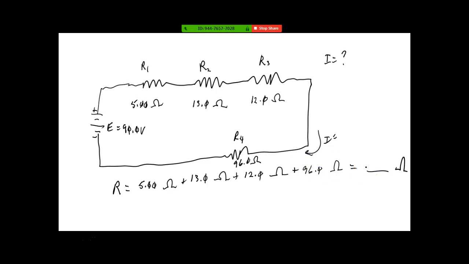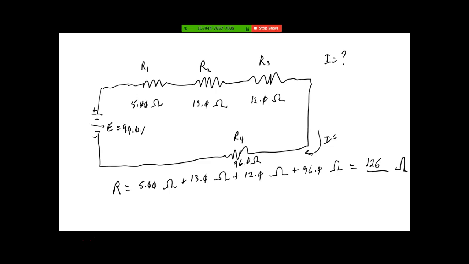What does that add to? There's an easy way. 12 and 13 are 25. Add 5 to that, you get 30. Add that to 96, and you get 126. 126 ohms in that circuit. That's how much resistance that circuit has.